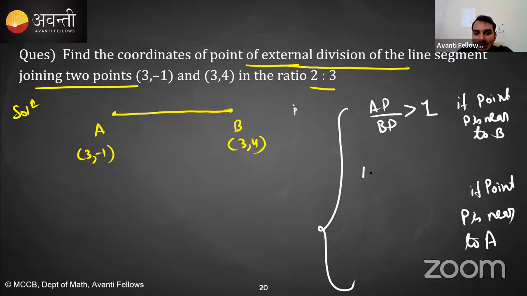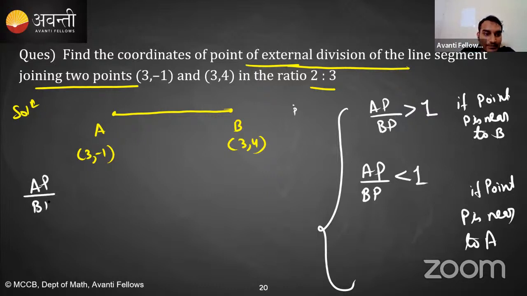Then tell me, AP upon BP would be less than 1, right? Yes or no?